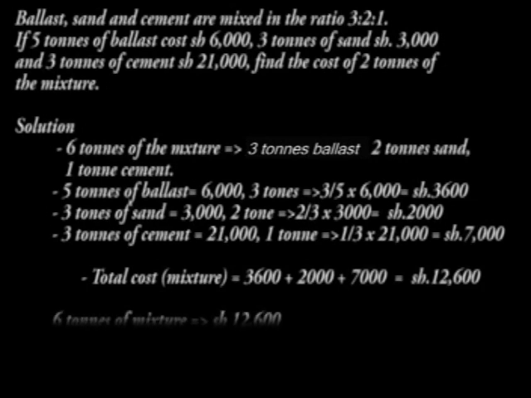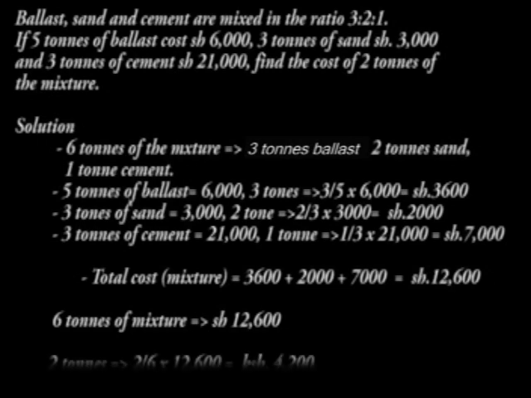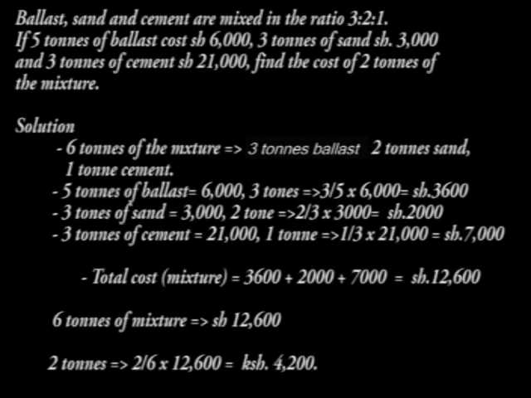If 3 tons of cement costs 21,000, 1 ton will cost 7,000. Total cost of the mixture is 3,600 plus 2,000 plus 7,000, giving us 12,600. 6 tons of the mixture would cost 12,600. 2 tons will therefore cost 4,200 shillings.